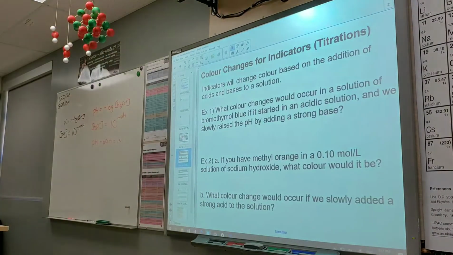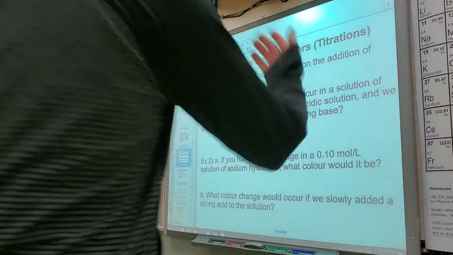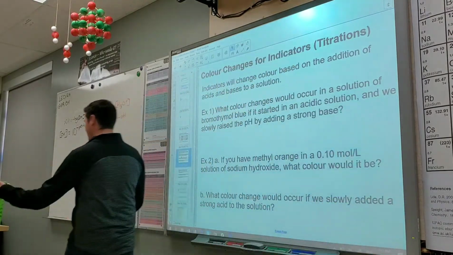So now what I want to talk about is slowly adding one chemical to another. Indicators will change color based on the addition of acids or bases to a solution. So let's think about this.